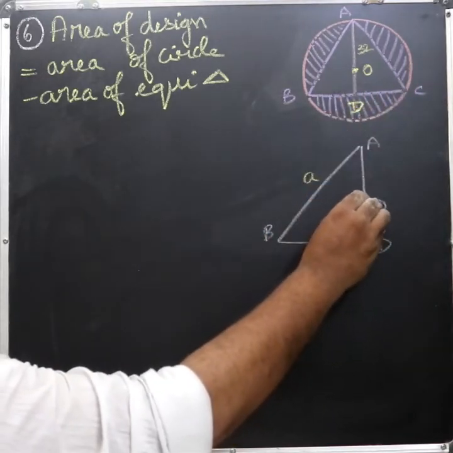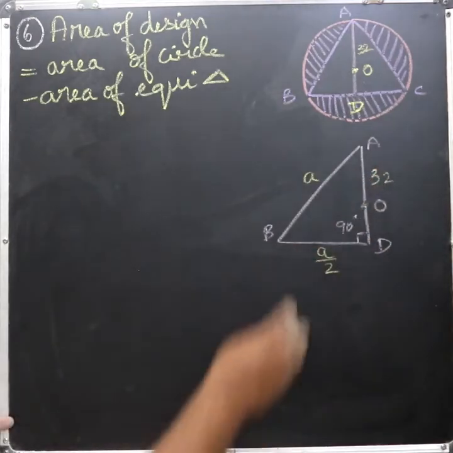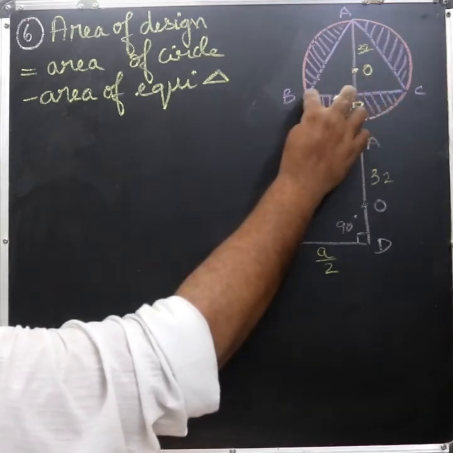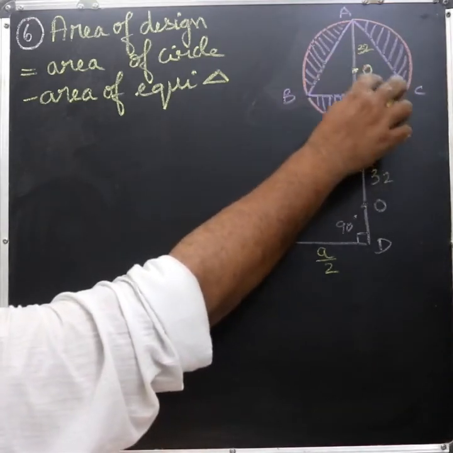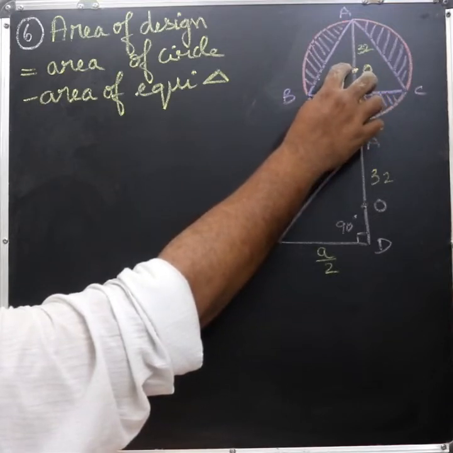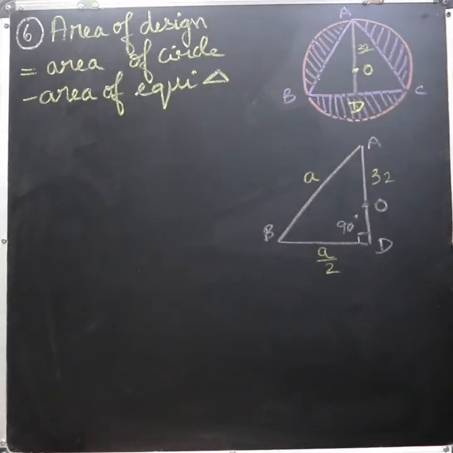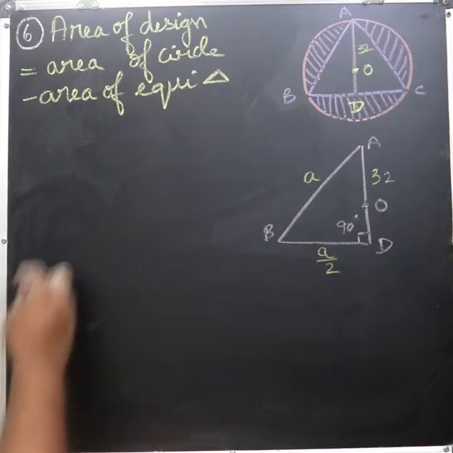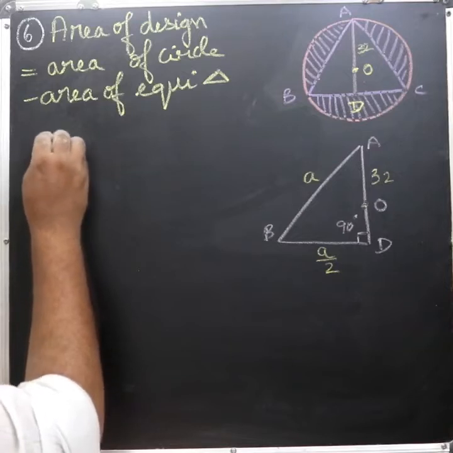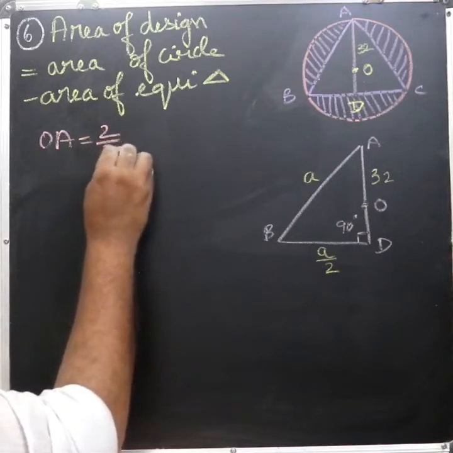Now this is the center point. This is 32. This is the centroid, because it is the meeting point of all the medians. You know that the centroid of a triangle will divide the median in the ratio 2:1. That is, our OA will be 2/3 of AD.